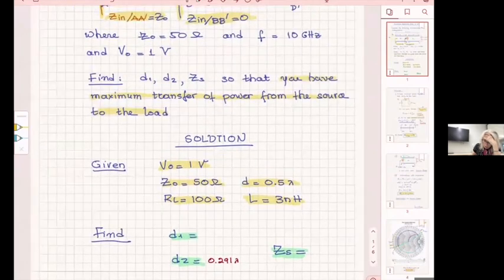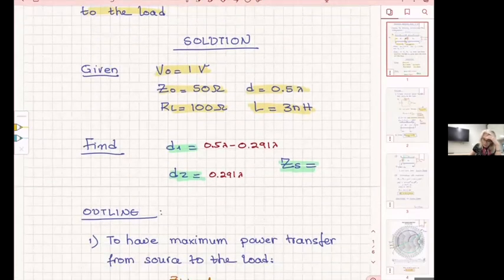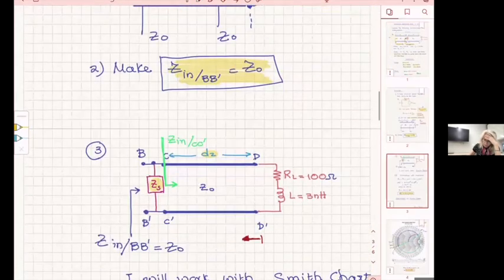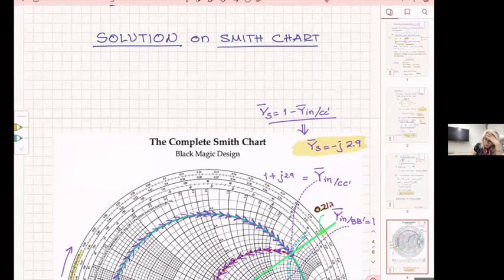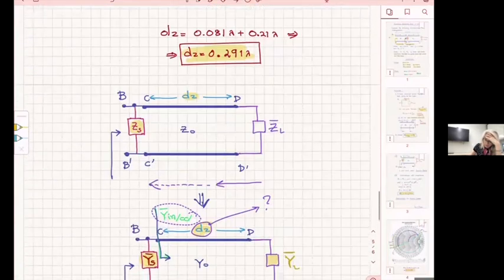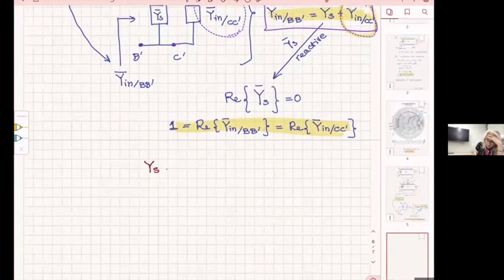How much was the total length? 0.5. So to find d1 is 0.5 lambda minus 0.291 lambda. All right, so I found d1. And how much is zs? It's asking for zs. And I have ys. I found ys here to be minus j 2.9.